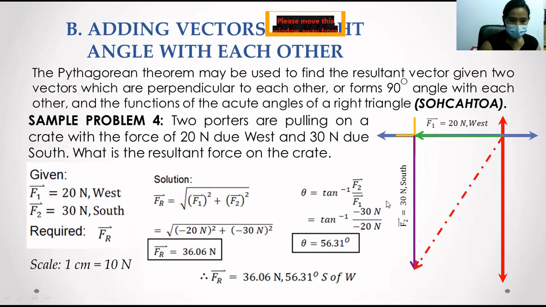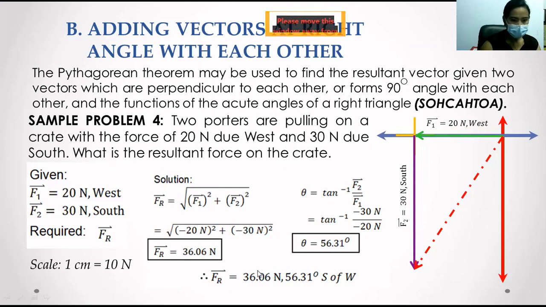Substituting the values, we will have arc tangent of negative 30 divided by negative 20 newtons. The result would be angle theta is equal to 56.31 degrees.